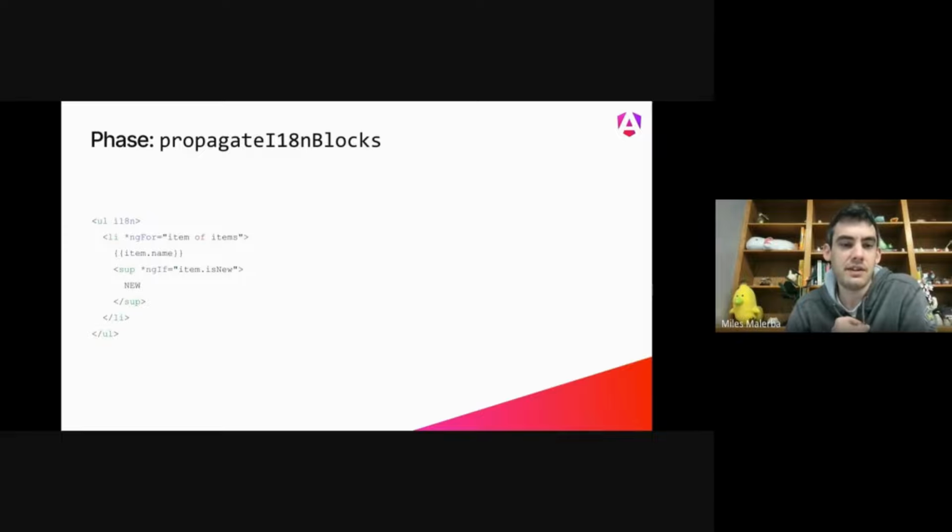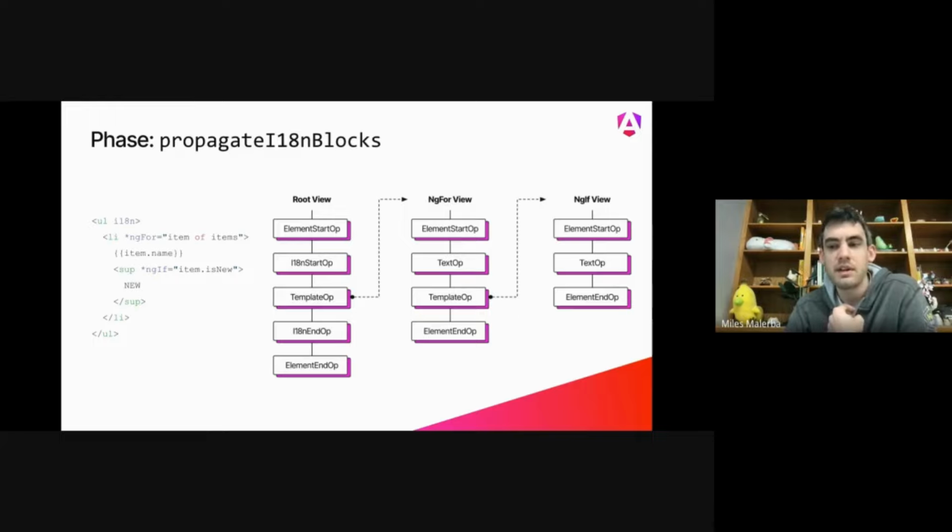Inside of it, we've got ngFor to create our list elements. Some of the elements represent something new, so we'll put a special flag on them using our ngIf to add some superscript to them. Let's take a look at what the create IR would look like for this.